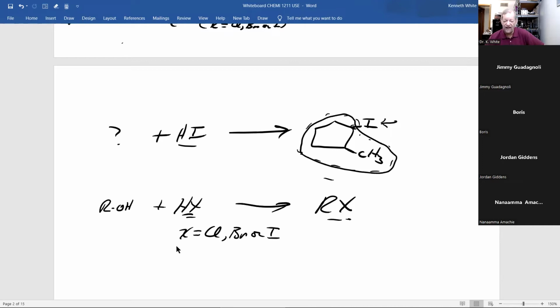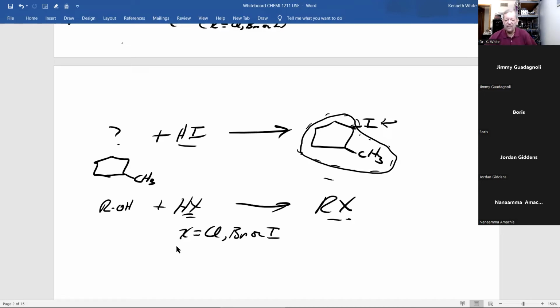And what's my R group? This. If this is what I end up with, I have to start with this, the ring with the methyl group. Think about it. 5 weeks ago, would you know what I meant when I said a ring with a methyl group, CH3? No. See how much you've learned?